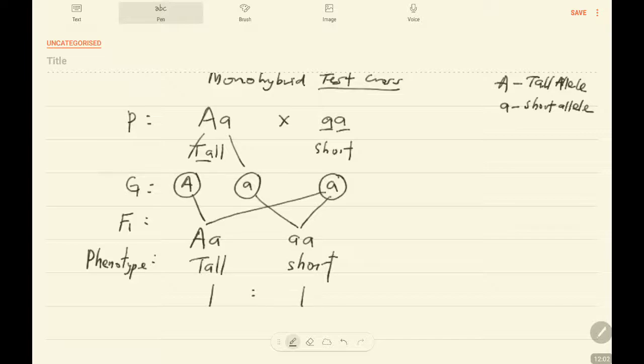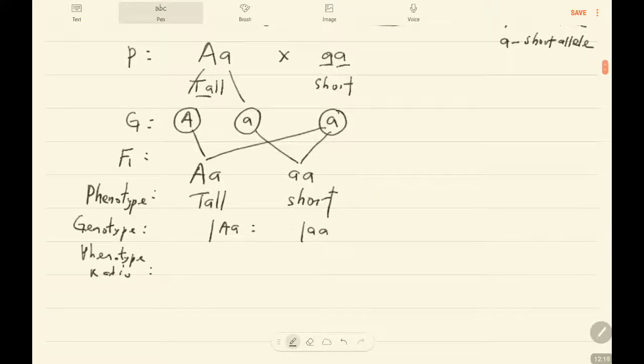So the genotype ratio is 1 big A, small a to 1 small a, small a. Phenotype ratio is also 1 to 1. It is 1 tall to 1 short. Remember, the ratio here doesn't mean the number.